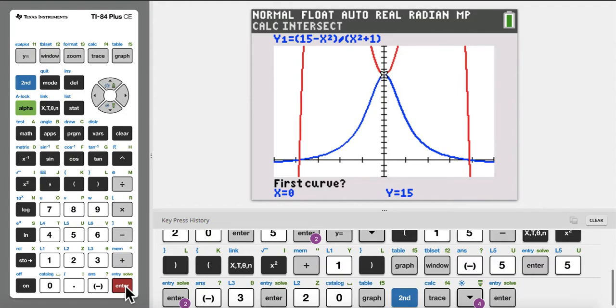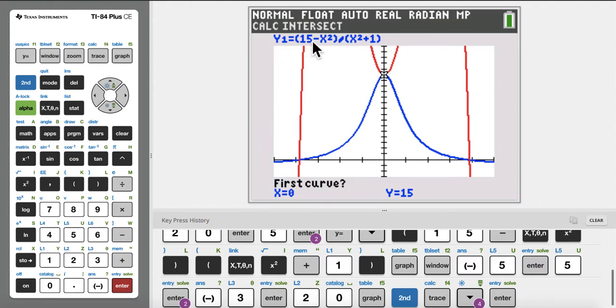And it's hard to tell, is our cursor on the first function or the second function? Well, there's a couple of clues that can help us out. First of all, right along the top, it tells us y1. So everything's written in blue. I have a feeling that cursor is on the blue function, the first one. And we can see that if we move the cursor away using our left or right arrows, the cursor follows the blue function.